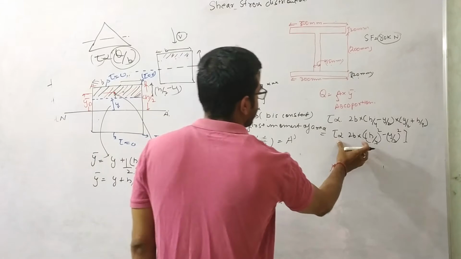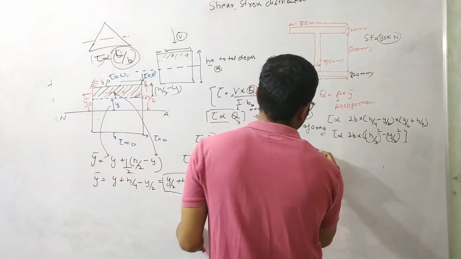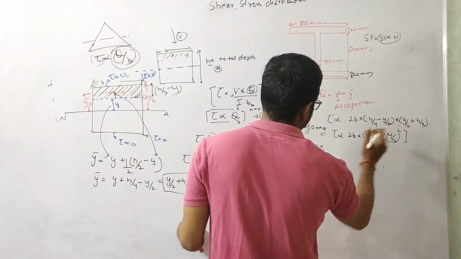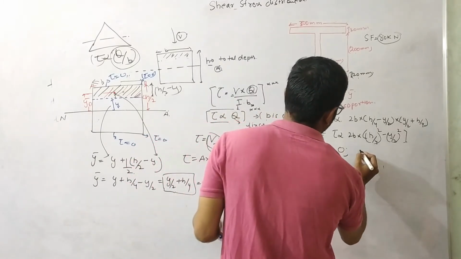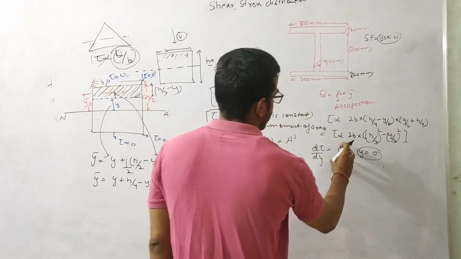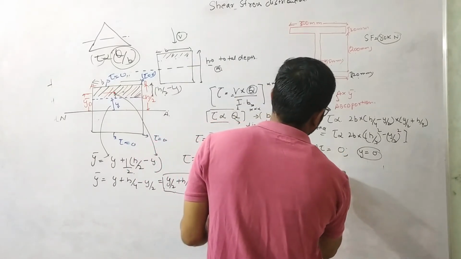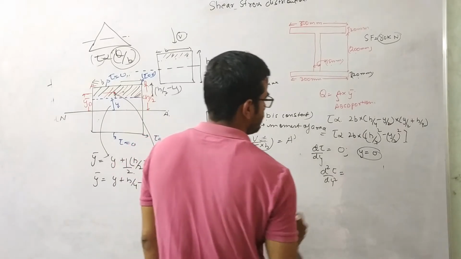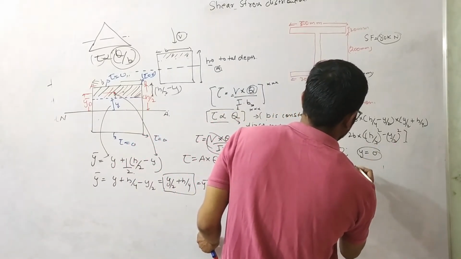Now I need to maximize this term. Since the only variable here is y, d tau by dy should be equal to 0. From this equation, y comes out to be 0. If I differentiate again, d square tau upon dy square comes out to be a negative value.